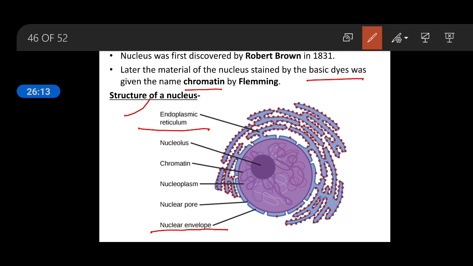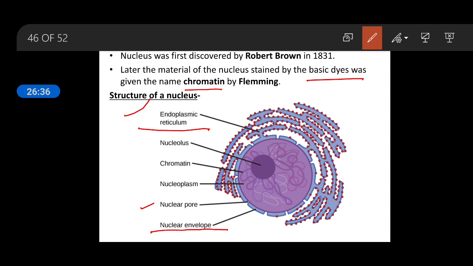This nuclear envelope is not continuous. It is interrupted with nuclear pores. Through these nuclear pores, materials like RNA and protein can come inside the nucleoplasm and can go outside into the cytoplasm.